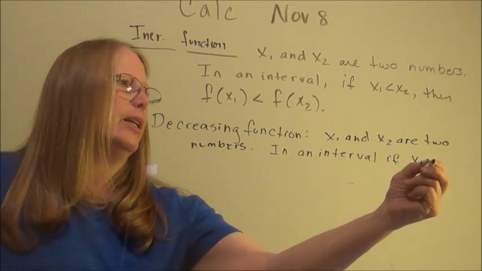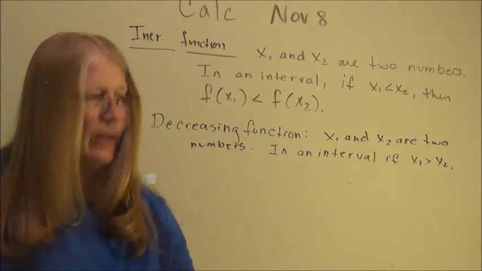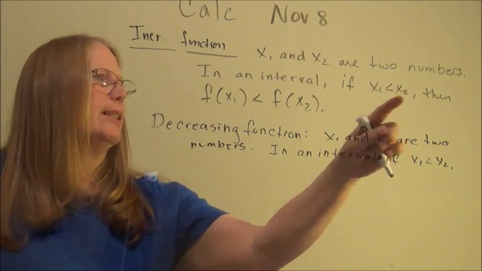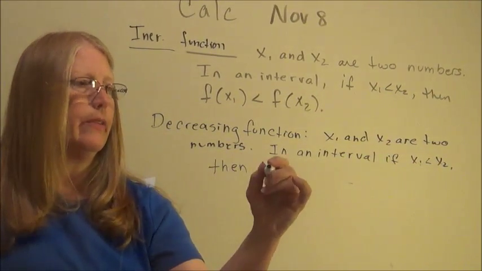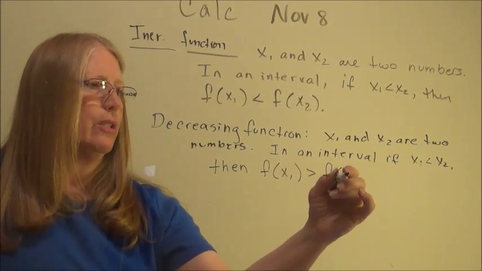If x1 is less than x2, it's going to be the same, but the conclusion is different: f of x1 is greater than f of x2.